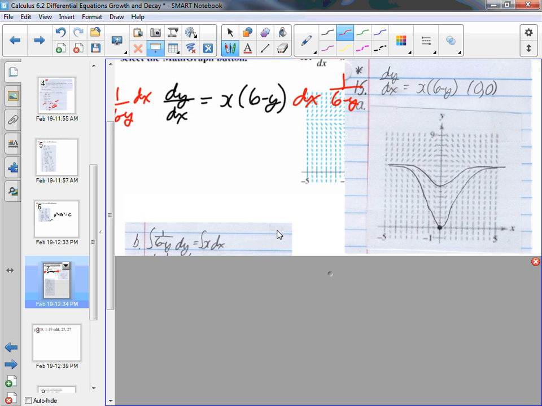All right, so on the left side, the dx is divided out, leaving me with 1 over 6 minus y dy. On the right side, it's the 6 minus y's that divide out, leaving me with x dx. So I've separated the variables, then I integrate both sides, and that gets me here.